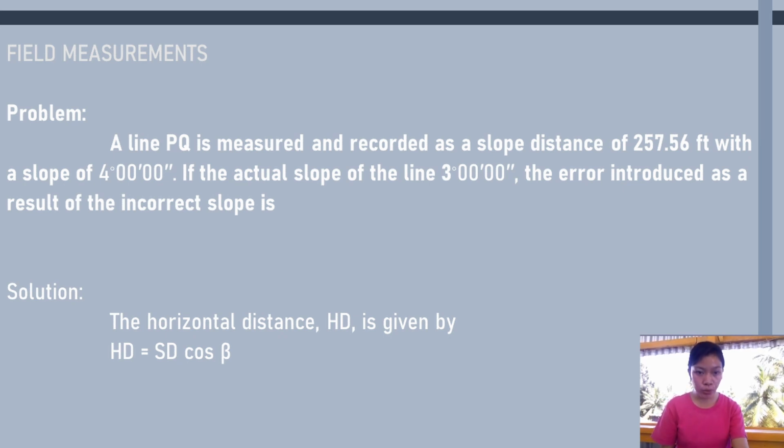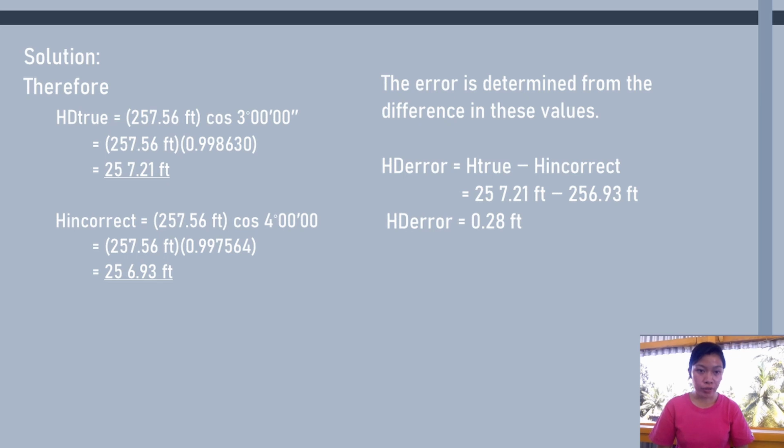The solution: the horizontal distance, HD, is given by HD equals SD, the slope distance, times cosine beta. In this solution, it is categorized by the true and the incorrect horizontal distance. The true horizontal distance is 257.56 feet times the cosine of 3 degrees, which is the true slope of the line.